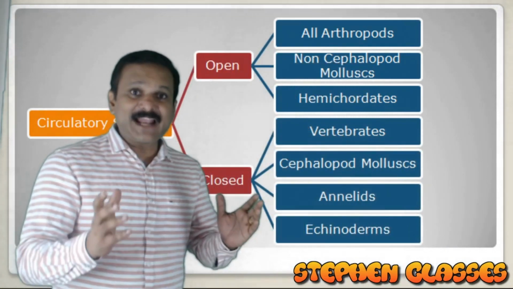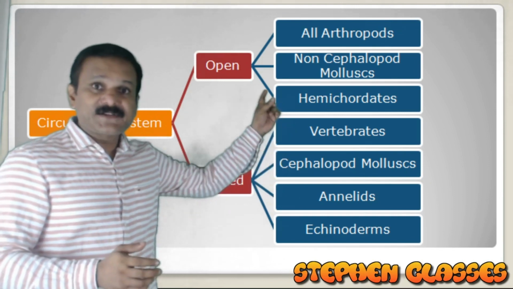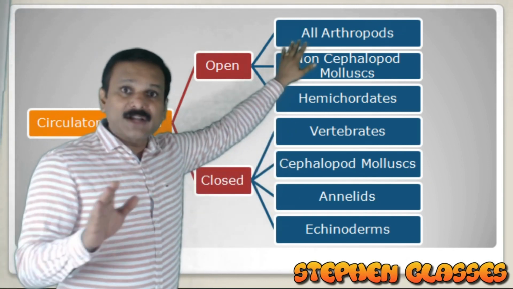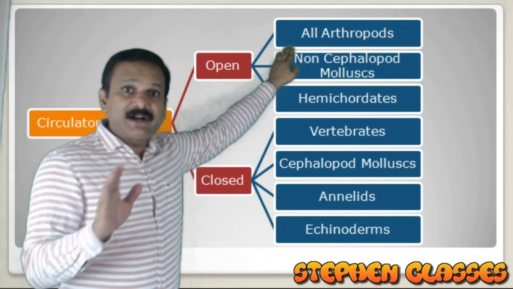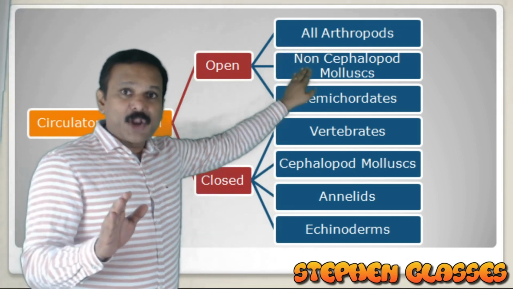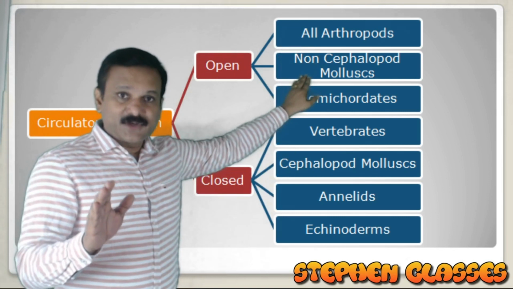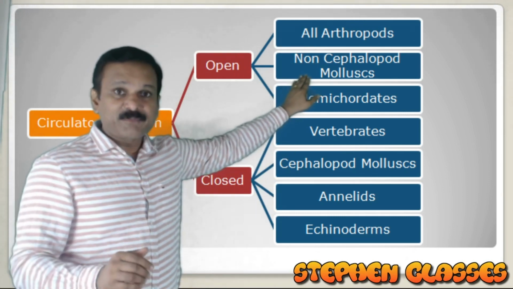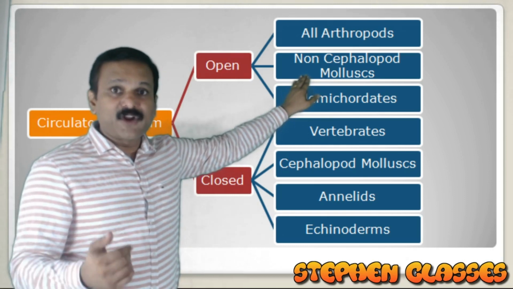When you consider the animal groups, open circulatory system is applicable for all arthropods. All arthropods have open type of circulation. Non-cephalopod mollusks: phylum Mollusca is classified into Gastropoda, Pelecypoda and Cephalopoda.